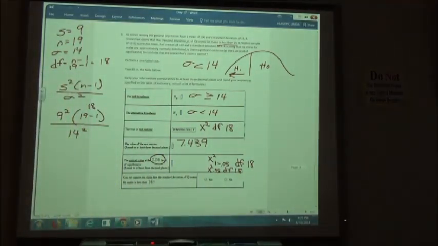Since I'm doing a critical value, the chi-squared sub. Oops, yours keeps going to sleep on us, huh?